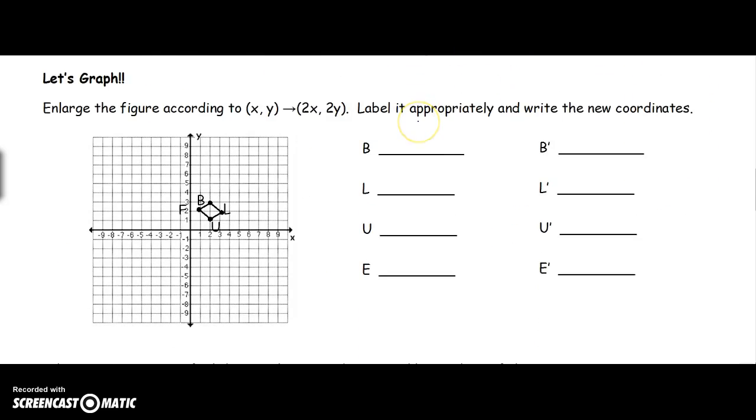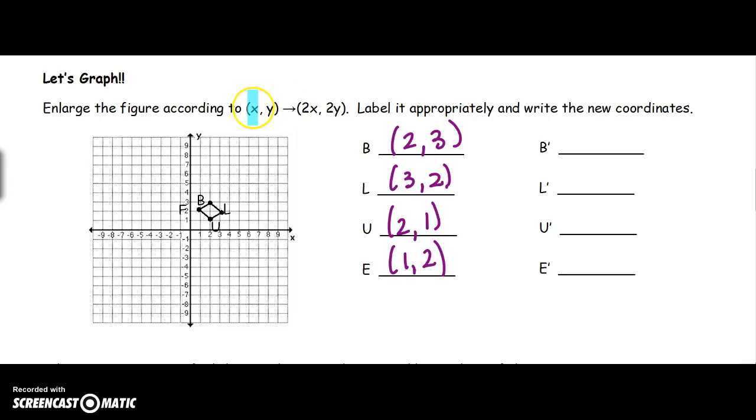So here's an actual example with coordinates. What I want you to do is take a second and find out what the ordered pairs of B, L, U, and E are. B is (2, 3). L is (3, 2). U is (2, 1). And E is (1, 2).